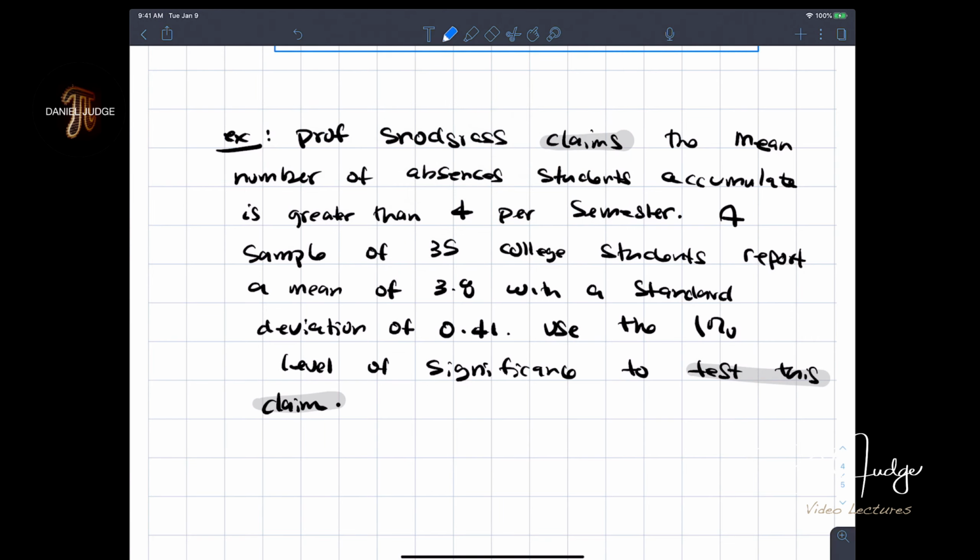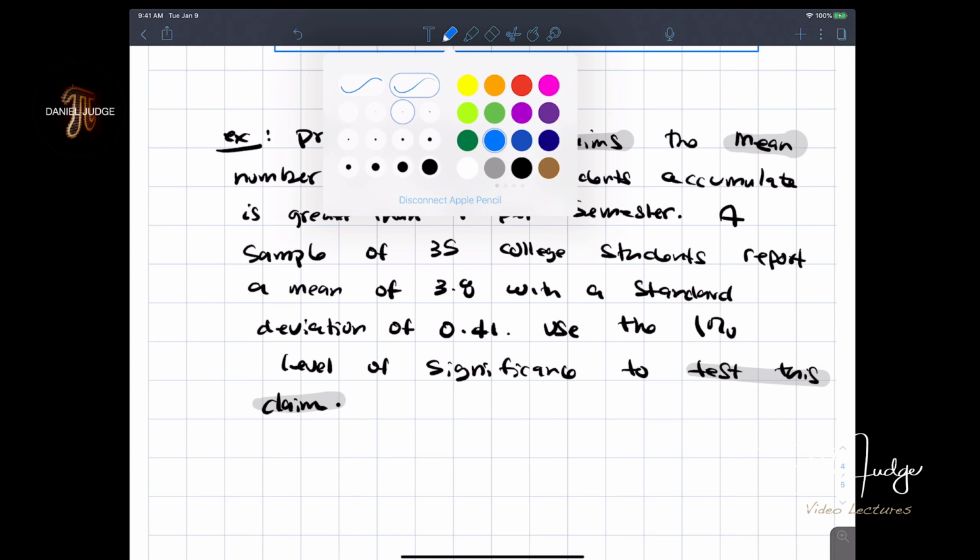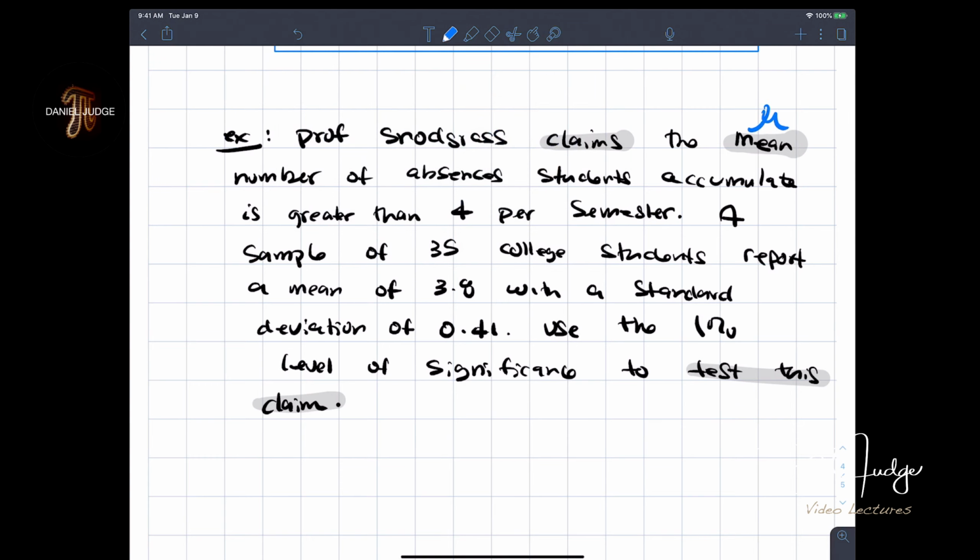All right. What's the claim, though? Since it's a hypothesis, that's the same thing. The mean number of absences, so the parameter here is mu for mean. The mean number of absences students accumulate is, and then you read this phrase, greater than 4. Greater than 4, ladies and gentlemen.